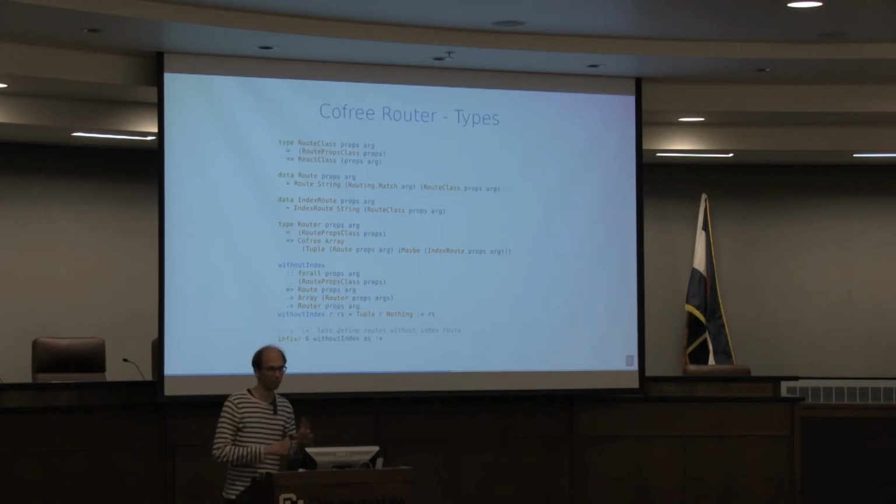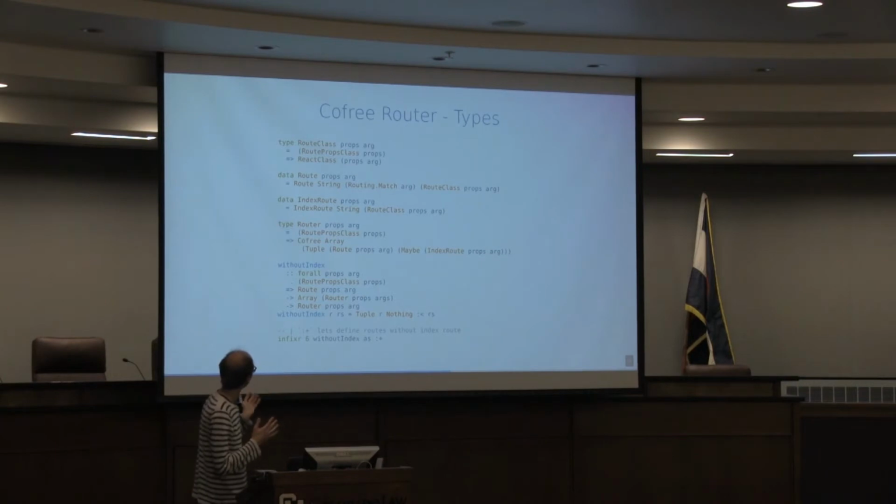There are two slides about the library. It needs to know about a class you want to mount at each path. So the first type is the type alias for the class you want to mount, but it also needs to know how to build the properties for a given class.